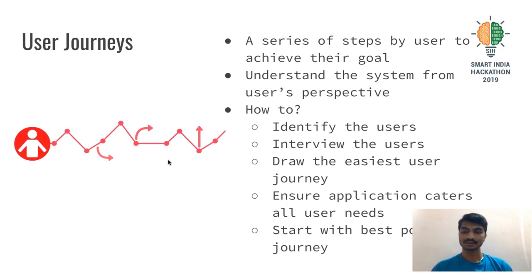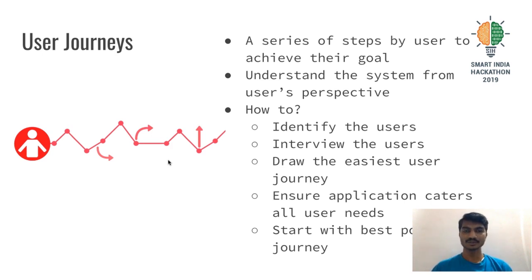For example, as shown in this slide, how the user navigates through our application to achieve their goal. So what would be the pathway for the user in our example? For example, in Twitter, the user has to create the account, and then they have to log in, and then they have to feed the tweet, and then they have to preview and publish it.